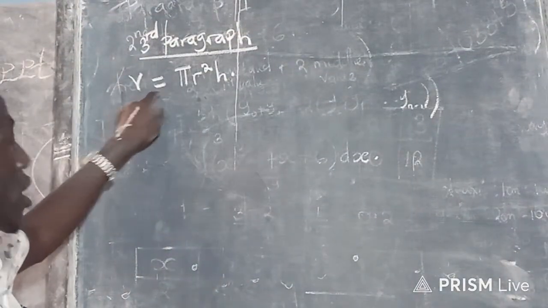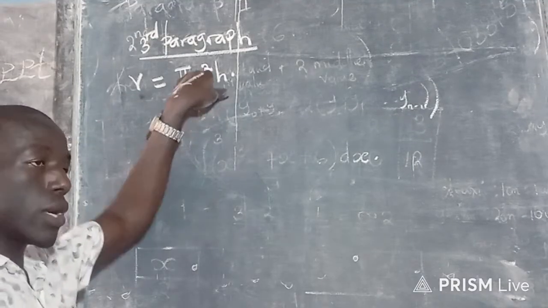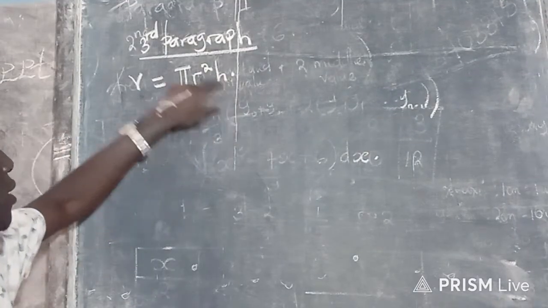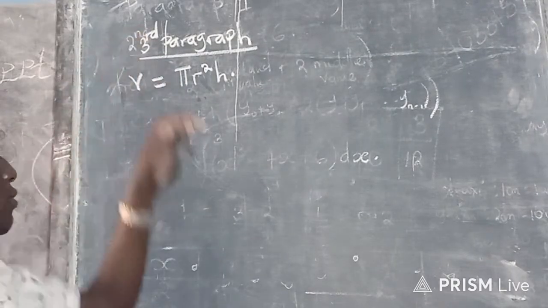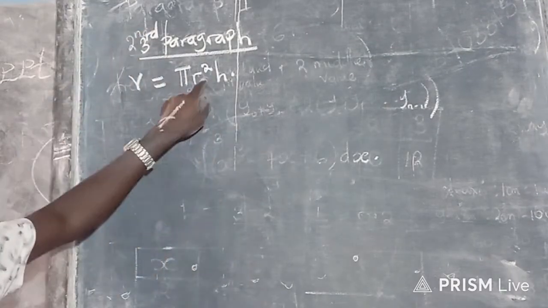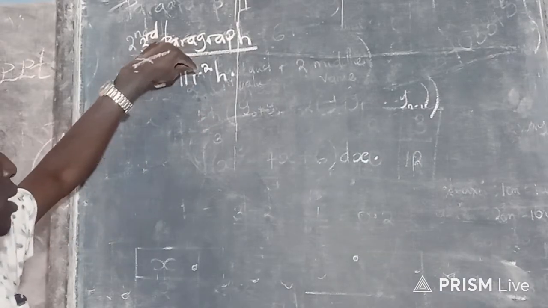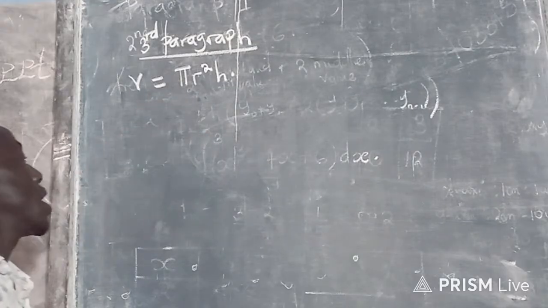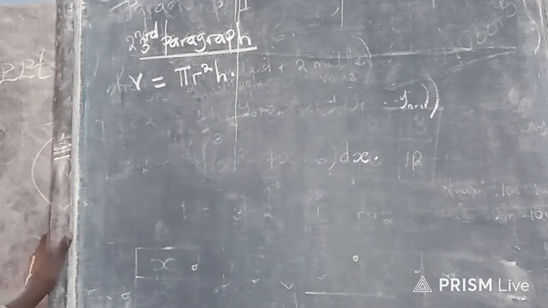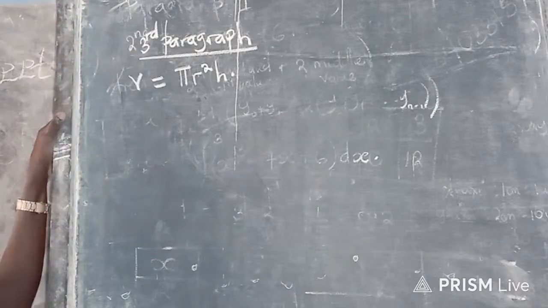In that pi r squared h, you realize that basing on the differential approach, this volume will only depend on the radius and the height, because pi is taken to be a constant value in this formula. Meaning that in my derivation also, I will only base on the radius and the height, but I will consider pi as a constant because we have to get the percentage error.